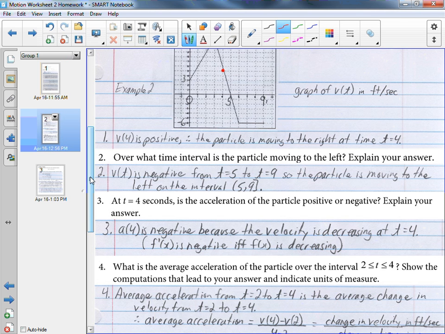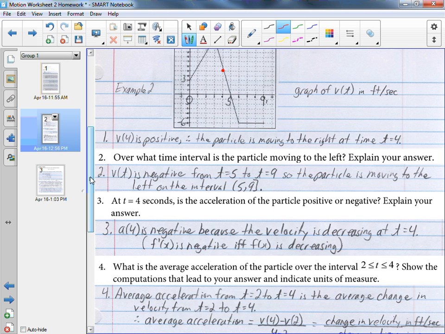And number 4, what is the average acceleration? All right, now, acceleration is the derivative of velocity. Acceleration is the rate of change of the velocity. So what is the average rate of change of this graph is what this question is asking.